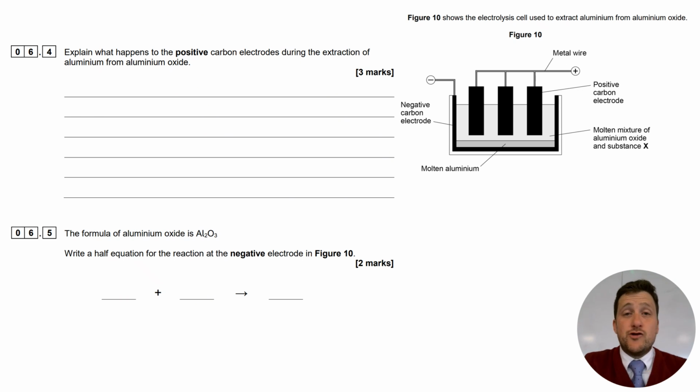We have the other aspect of electrolysis of aluminium oxide. What happens to the positive carbon electrode? Now, they put positive. It's really important when we think of aluminium oxide extraction. We have a positive and we have a negative, and we need to work out which goes to which.